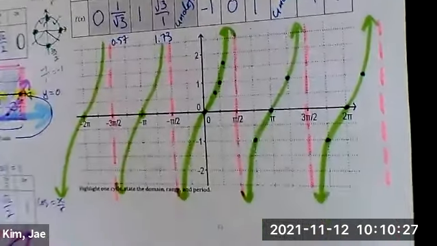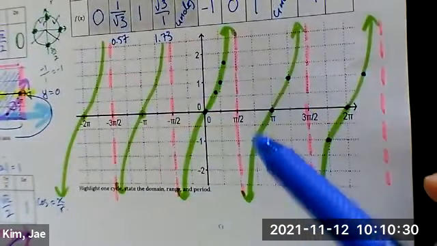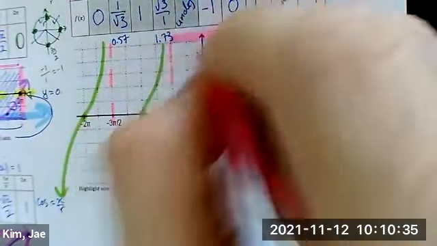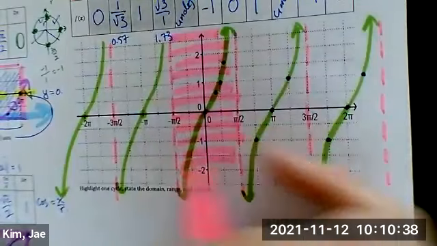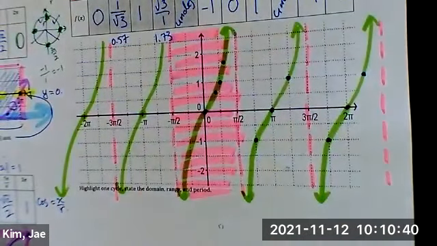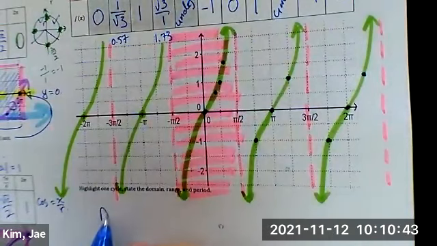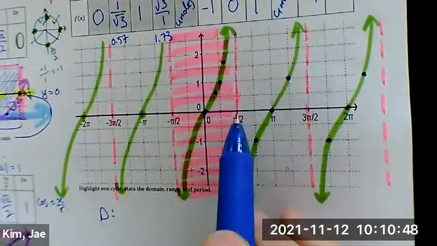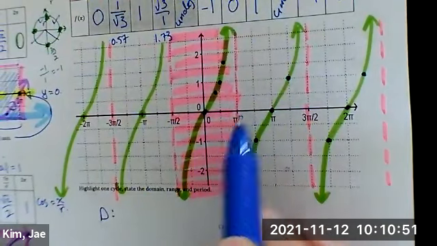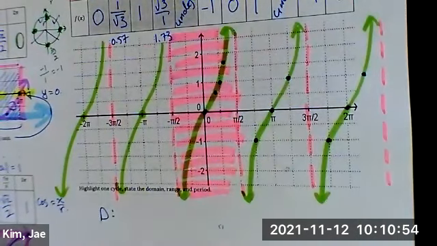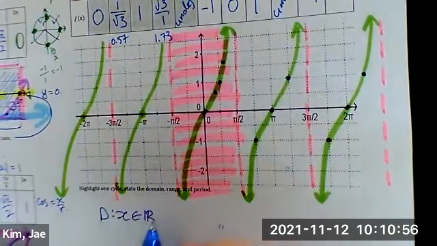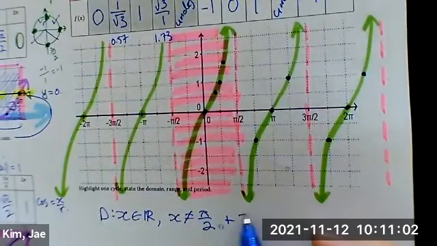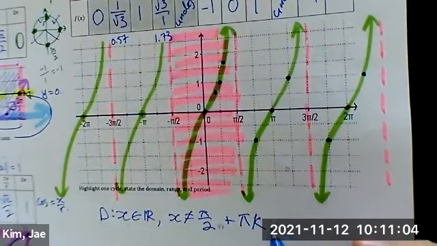Okay, highlighting one cycle. One cycle in this case is 1 pi. Take a look. One cycle would be just that. What is the domain? Well, it could be anything except pi over 2 plus multiples of pi. So x could be anything, but x cannot be pi over 2 plus any multiple of pi.